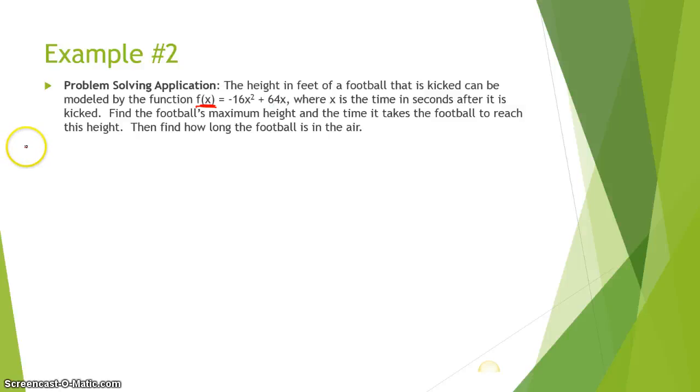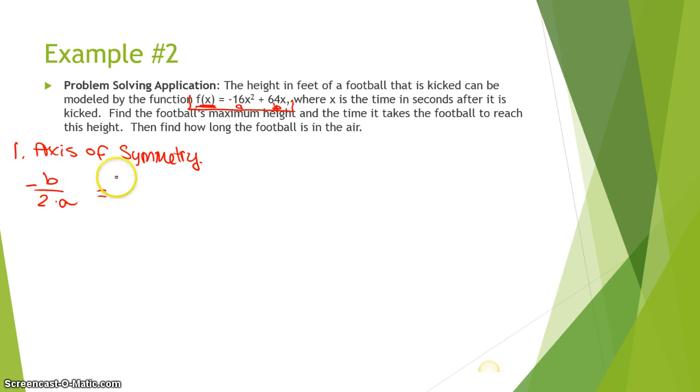So my first step, I first need to find my axis of symmetry. To do that, I'm going to use -b over 2 times a. Here's the equation we're going to be working with. -16x squared is my a, 64x is my b. Notice we don't have a value for c, so I'll get to that in a minute.